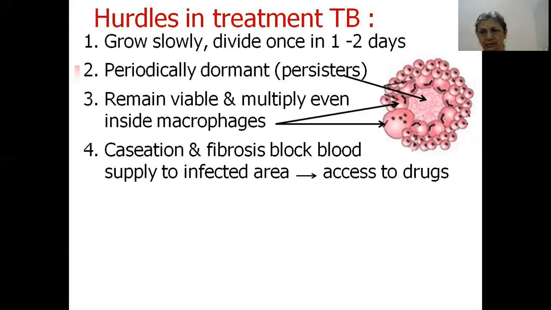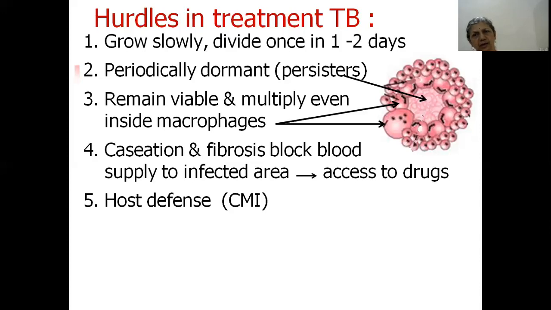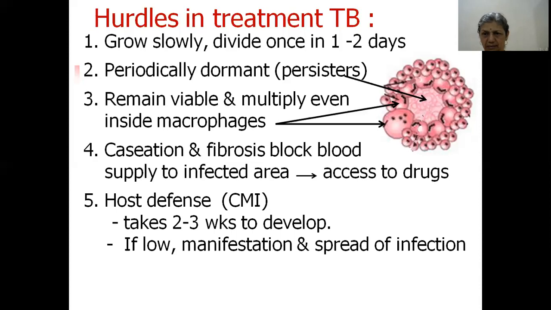Caseation and fibrosis, which are the events which happen as the disease progresses, reduce the blood supply to the infected area. And if blood supply is reduced, access of drugs to the site is also reduced. The intracellular pathogens require cell-mediated immunity as the host defense mechanism, and this takes some weeks to get into gear.